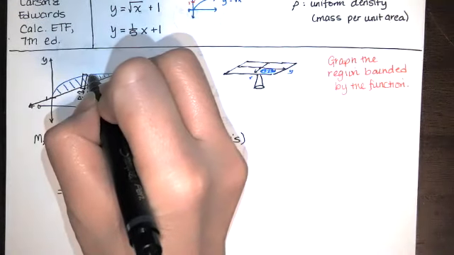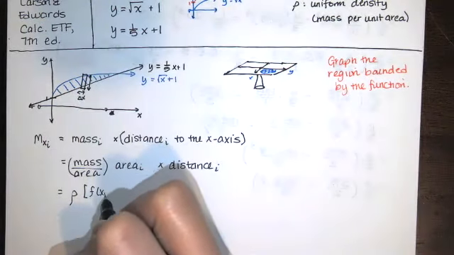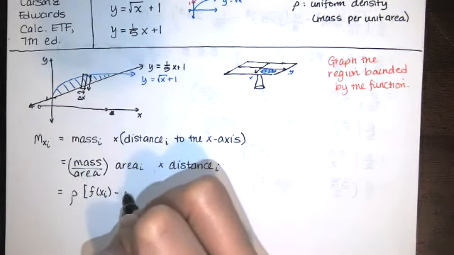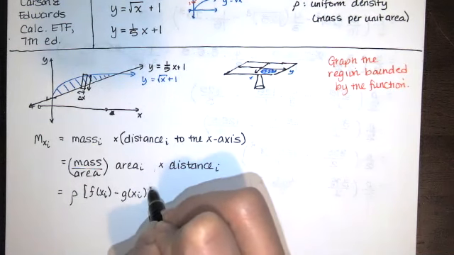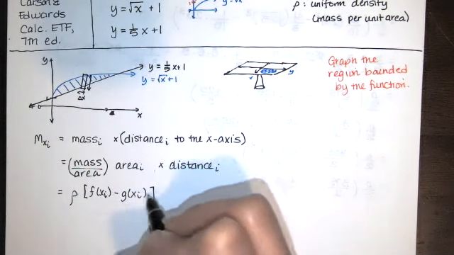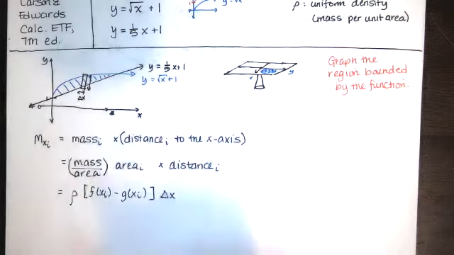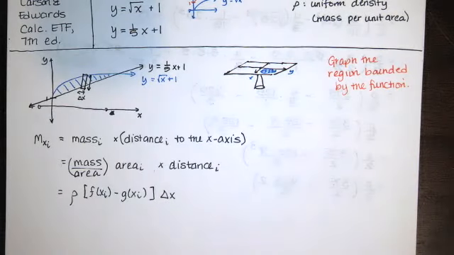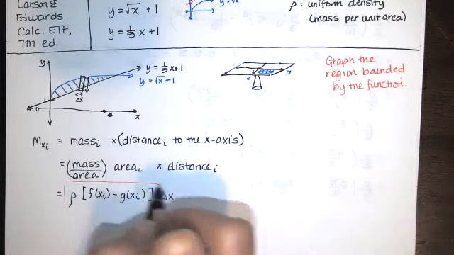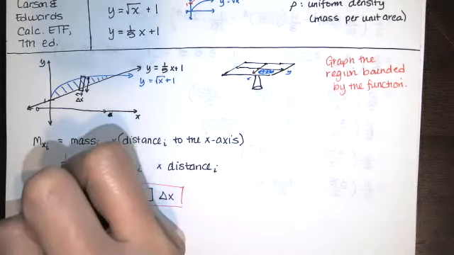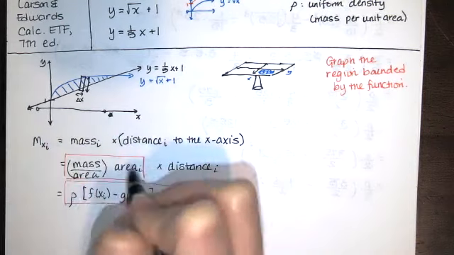So we're going to have the top function in terms of x minus the bottom function in terms of x. It's the top y value minus the bottom y value. That's our change in y times our change in x, which gives us the area of that little rectangle. And that combined with rho, when we multiply those together, gives us the mass.